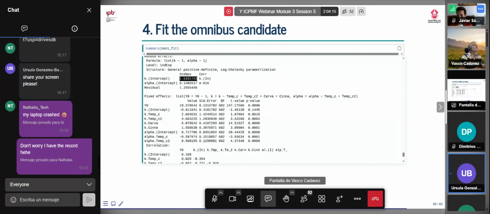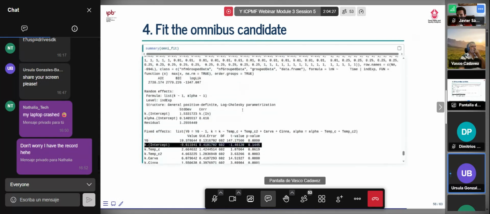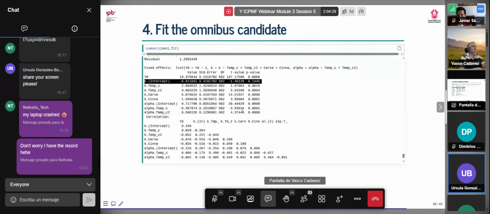Then when you go to the fixed effects, you can see that there is an intercept for K that you can drop. So meaning that you can do K like this: K equals temperature plus temperature squared, by dropping the K intercept. So you set the intercept to 0.